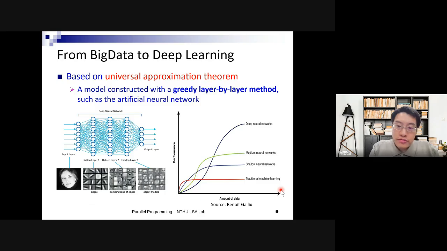All right. Like we mentioned, big data is actually just a stepping stone to our final goal, to reach intelligence. We finally reached this step because of the use of deep learning.